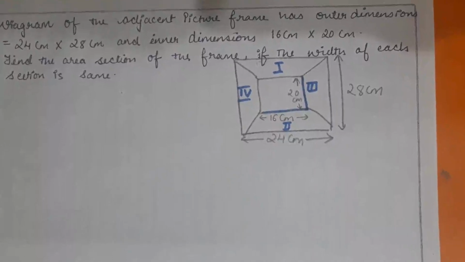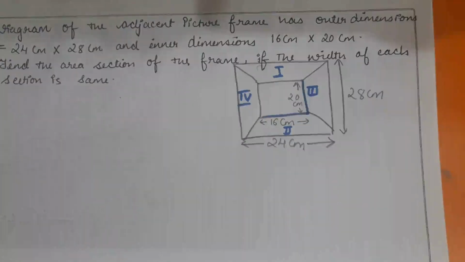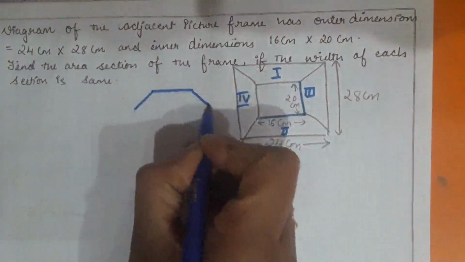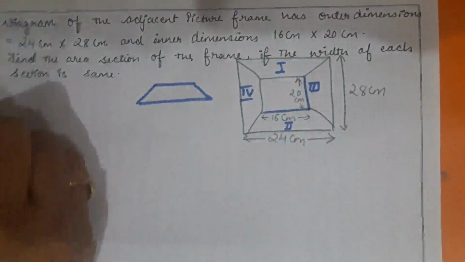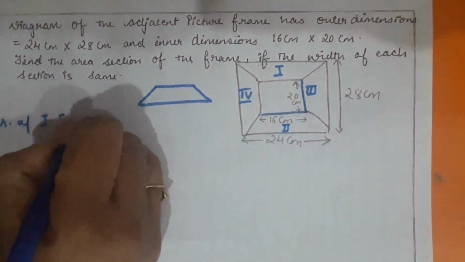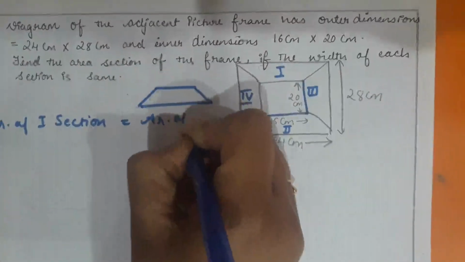Width means the breadth, the size of each section is the same. We need to calculate the area of each individual section. If we concentrate on an individual section, it is a kind of trapezium. So we can say that the area of first section is equal to the area of second section.